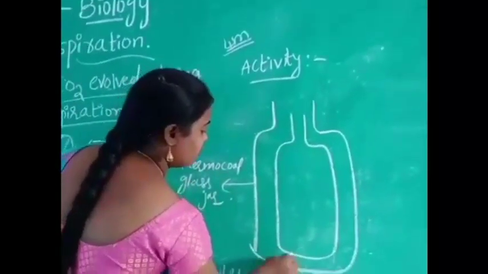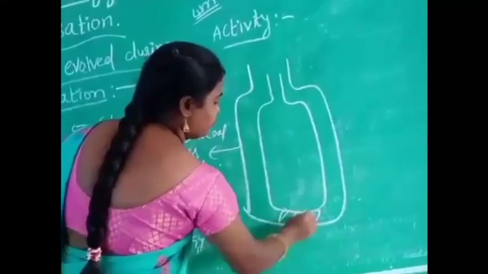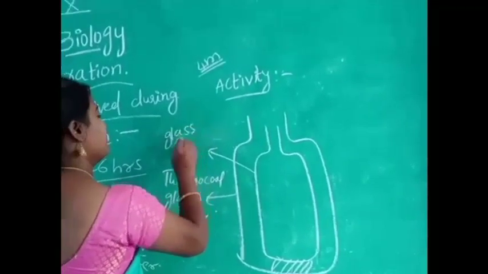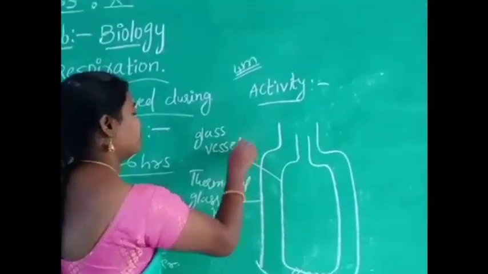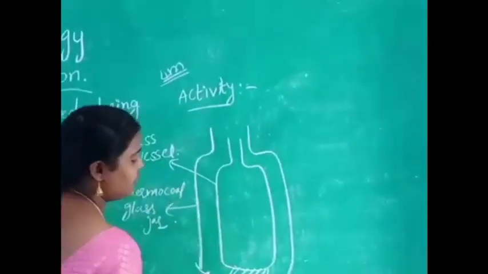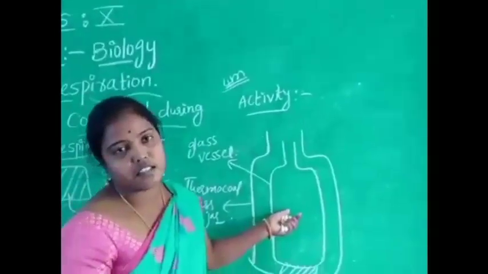Okay. Then you take a glass vessel. Okay children, so here in the glass vessel you take sprouted seeds.